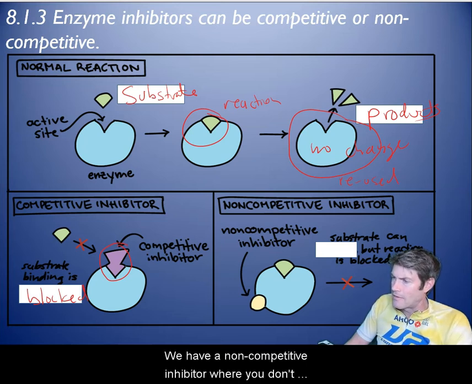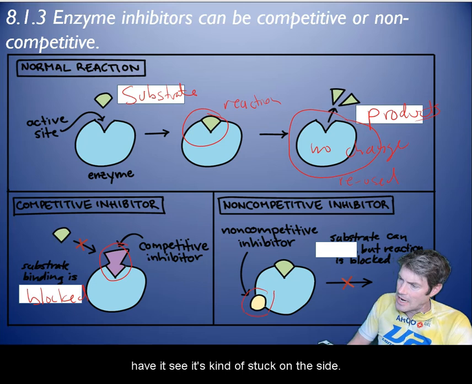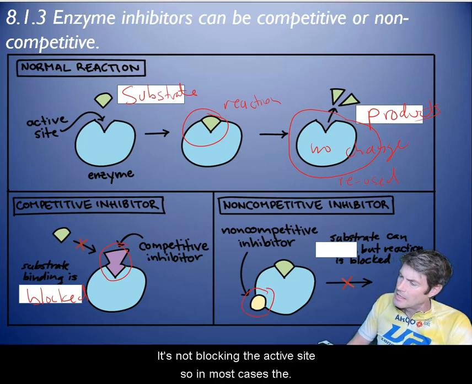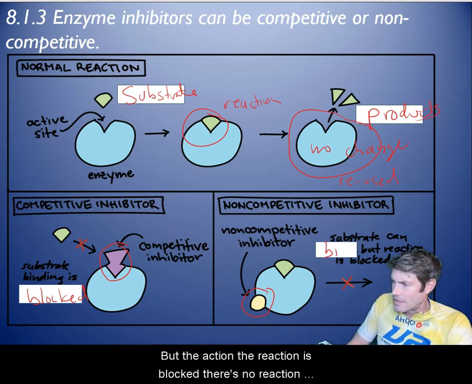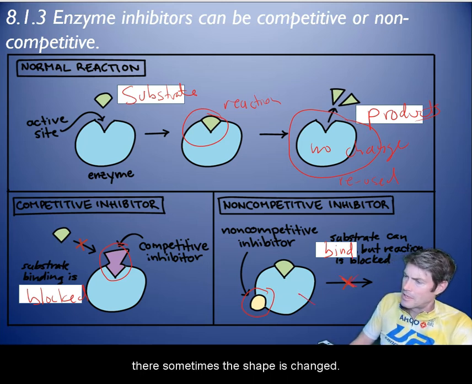And we have a non-competitive inhibitor where, you see, it's kind of stuck on the side. It's not blocking the active site. So in most cases, the substrate can bind, but the reaction is blocked. So there's no reaction there. Sometimes the shape is changed.